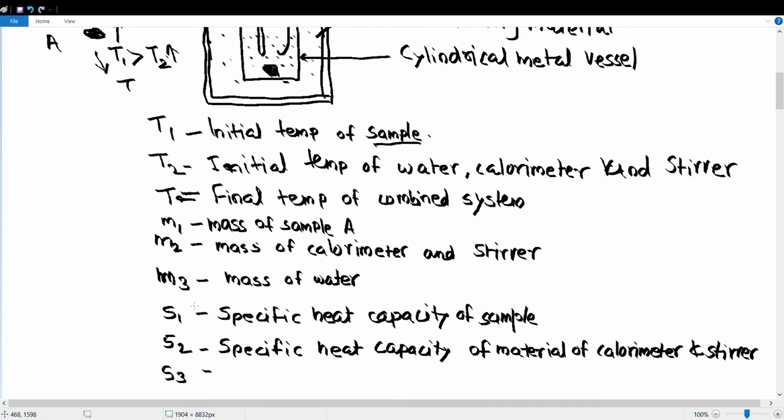And this S3 is the specific heat capacity of water. This 3 notation we use for mass of water. So this is the specific heat capacity of water.